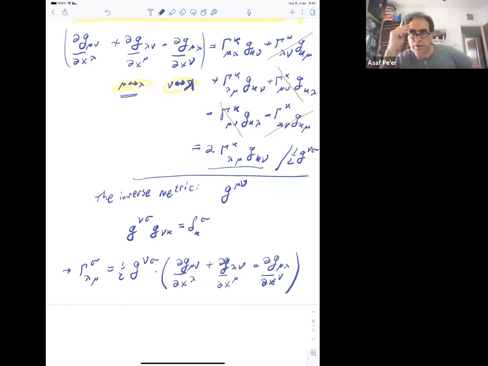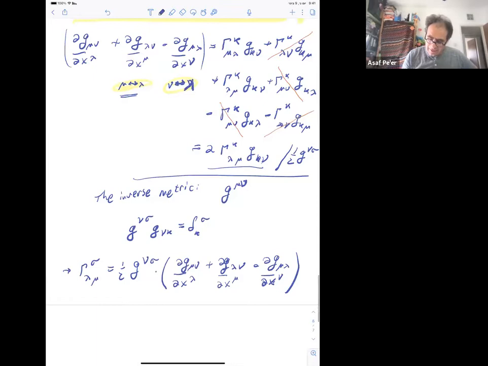Which is what we wanted. So we expressed the affine connection, gamma, in terms of the derivatives of the metric, and we had to use the inverse metric as well.